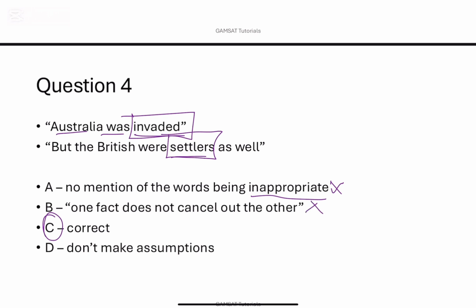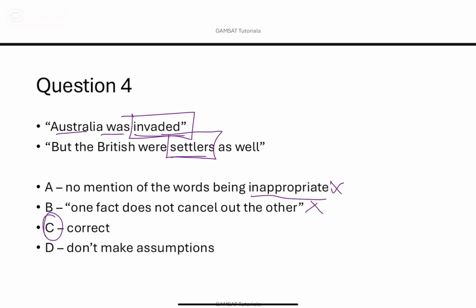And then D, the earliest British arrivals must be regarded as invaders, but later arrivals were settlers. People who get this wrong bring their own outside knowledge in. Don't make assumptions. It is not telling us that the first 100 people to arrive were invaders and the second 100 were settlers.